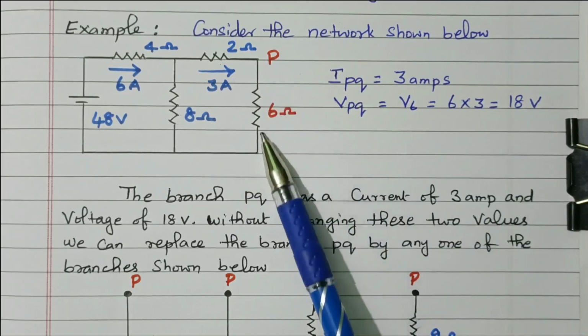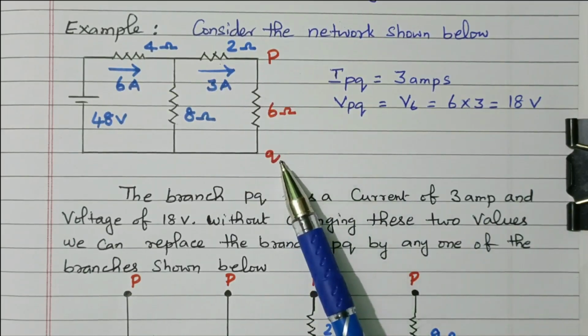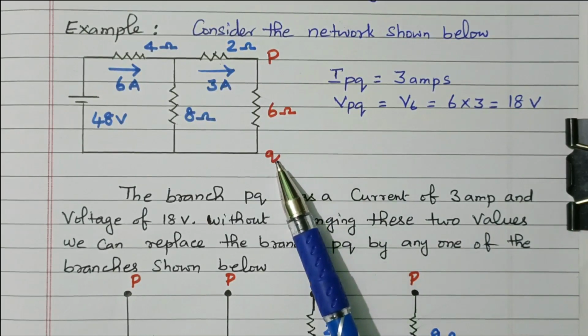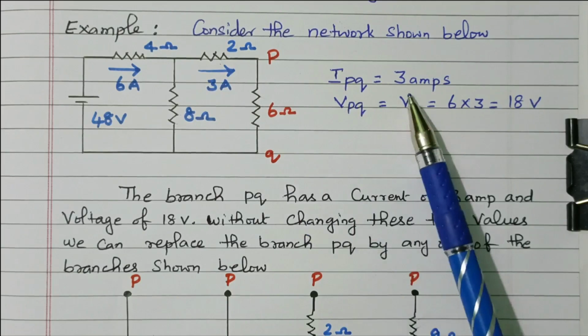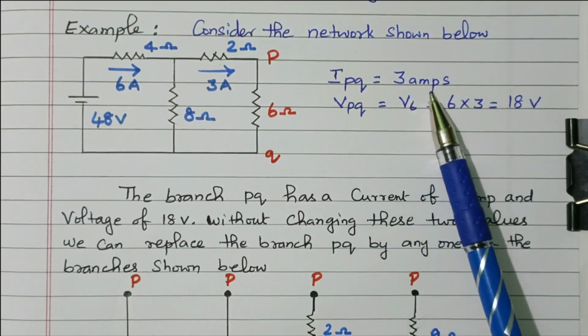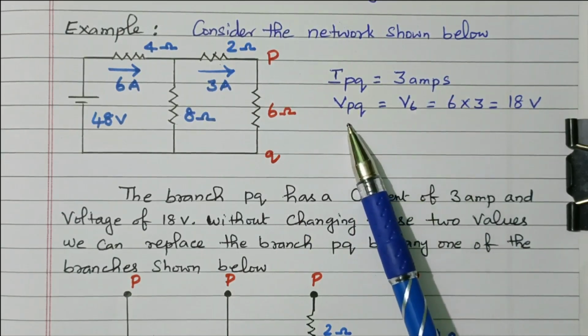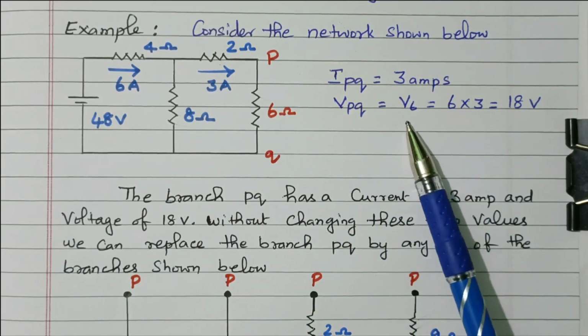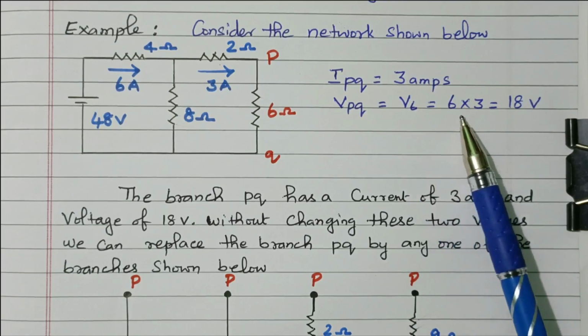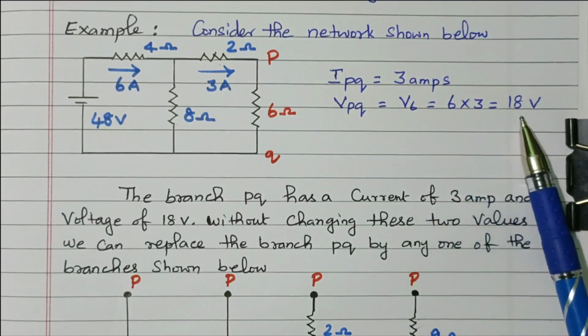We are going to substitute the branch PQ with a different voltage source or current source. For that we need to maintain the current through PQ at 3 ampere. Similarly, the potential across P and Q, the voltage across the 6 ohm resistor, is 6 into 3, 18 volts.